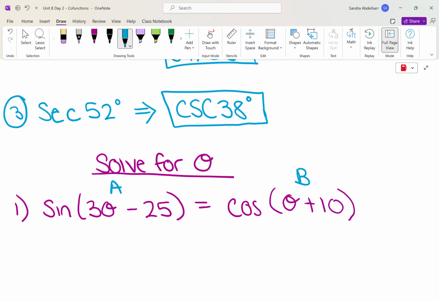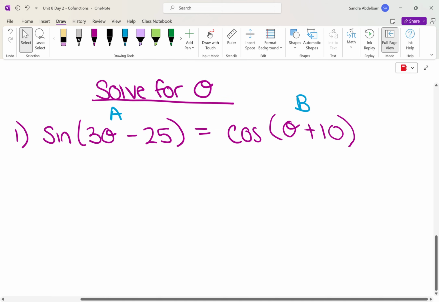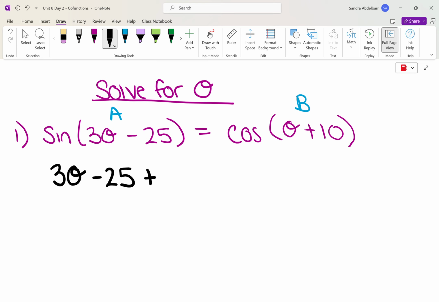The angles have to add up to 90. Nico, is that what you were going to say? Yep. So in order for the cofunctions to be equal, their angles have to be complements of each other. They have to add up to 90. So what am I going to do to solve? I'm going to say 3 times theta minus 25 plus theta plus 10 has to equal 90.